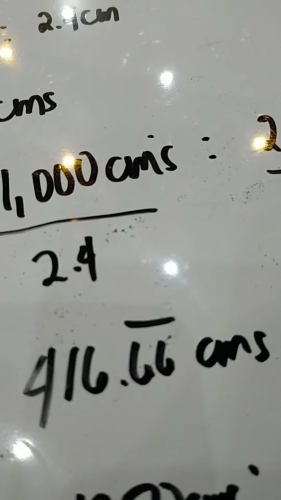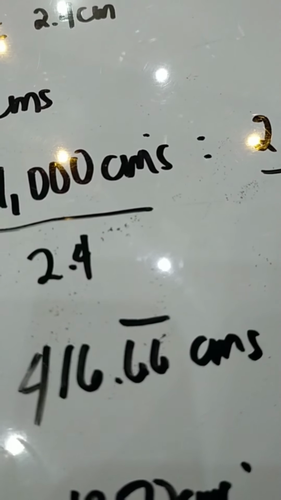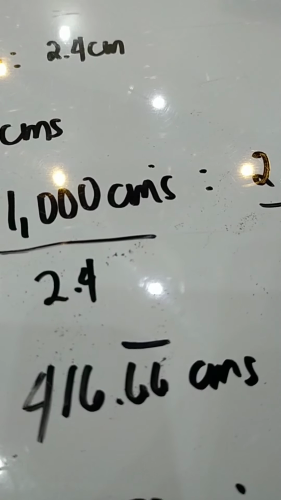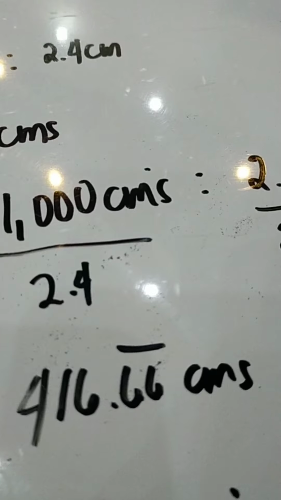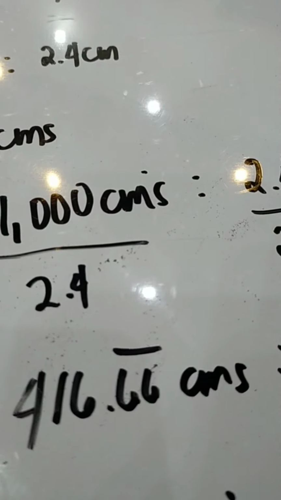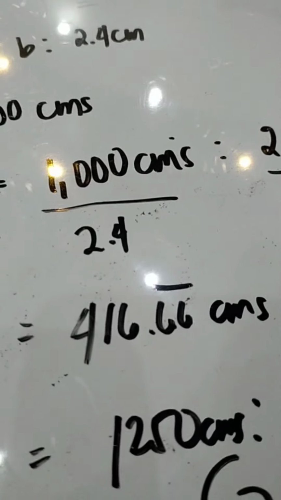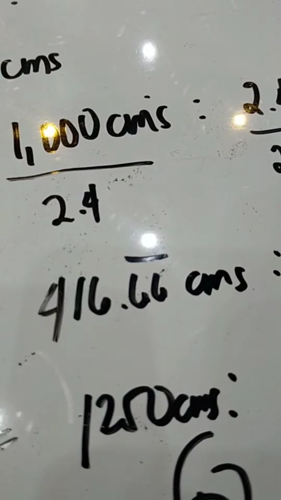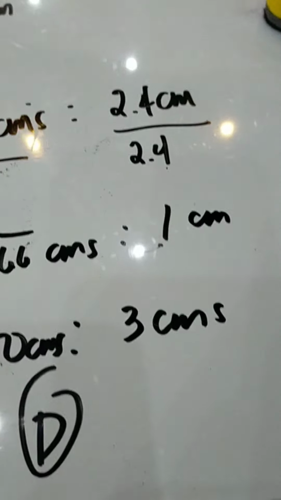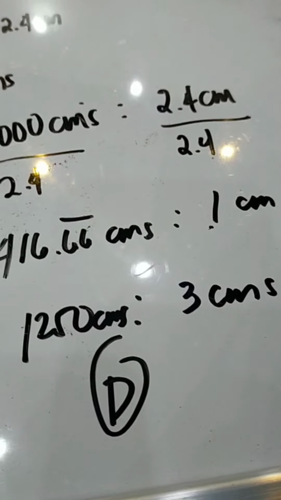But then meron tayong ulit decimal dito. So ang gusto natin maging whole number siya. So let's identify what can we multiply with 0.666 na magiging whole number siya. So 3, try natin. So that will give us 1,250 centimeters is to 3 centimeters. That's why the answer is letter D.